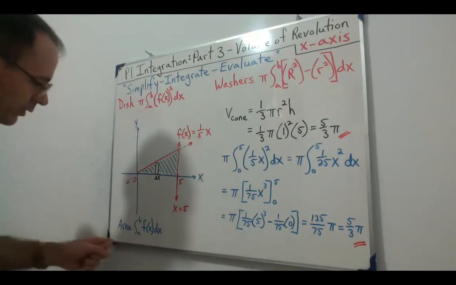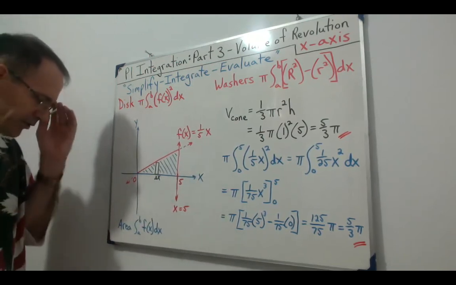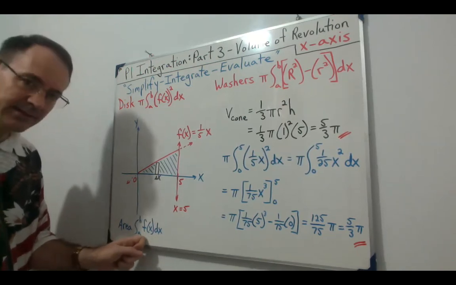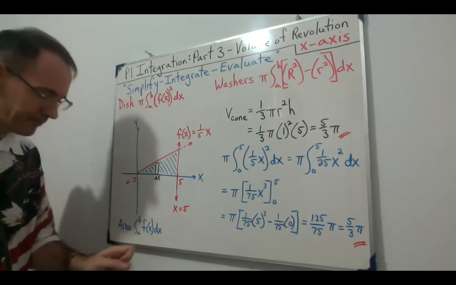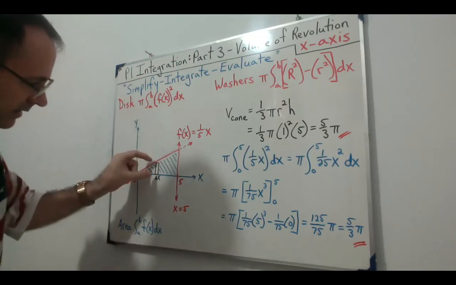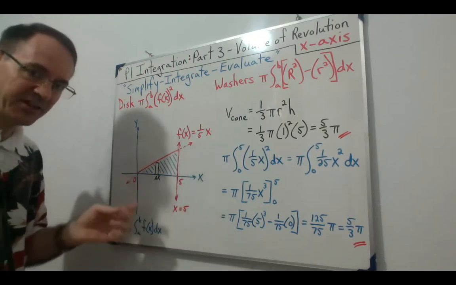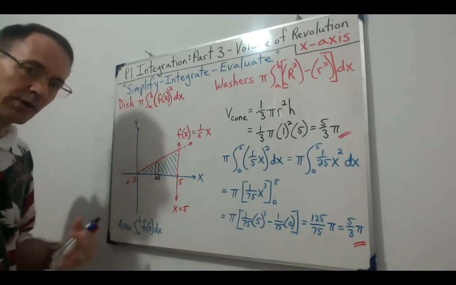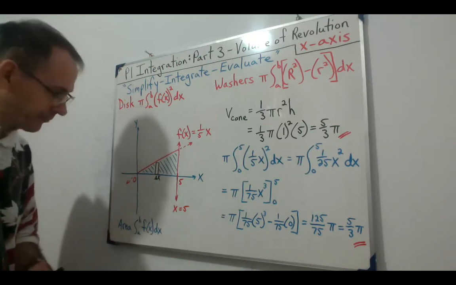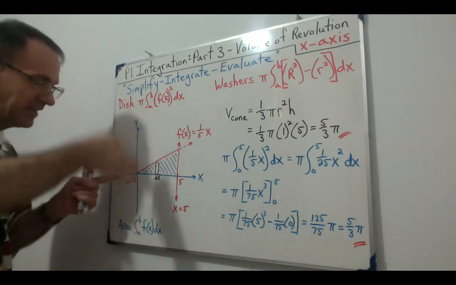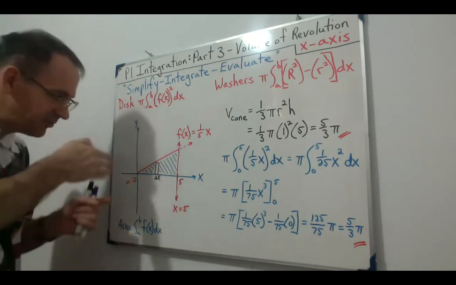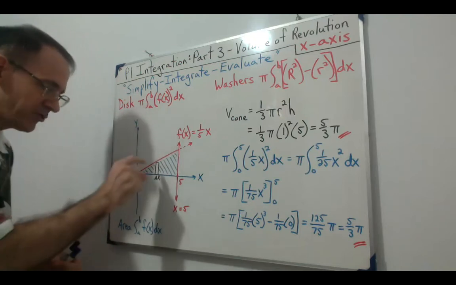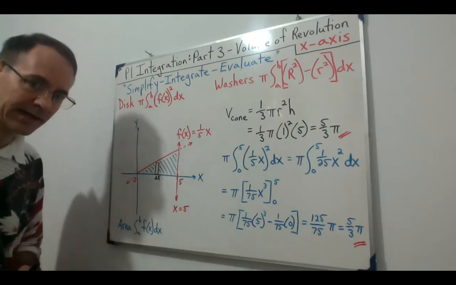Now, when we were looking at area, we saw that area is height times width. And so the height, and remember I suggest that you draw a representative rectangle. And what I mean by representative is you're slicing this area into basically an infinite number of slices. And so we're just going to draw one rectangle.